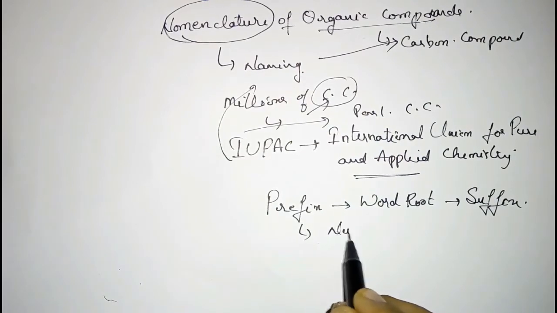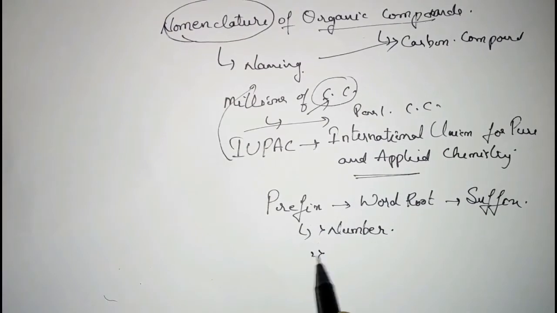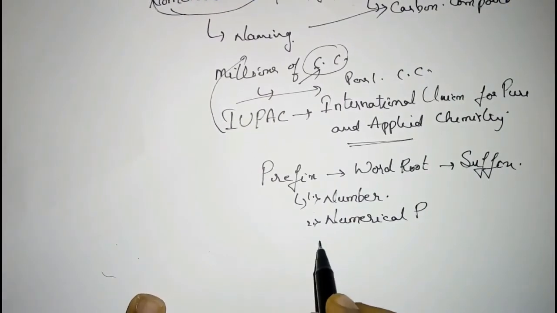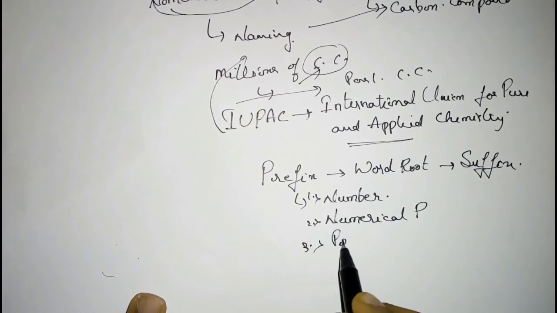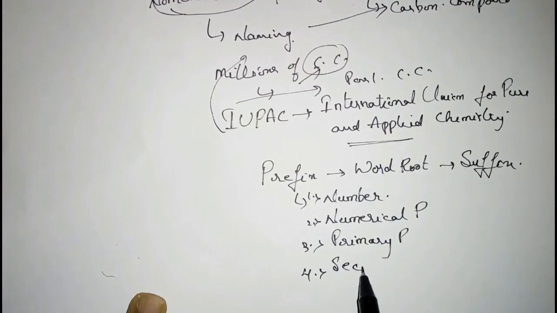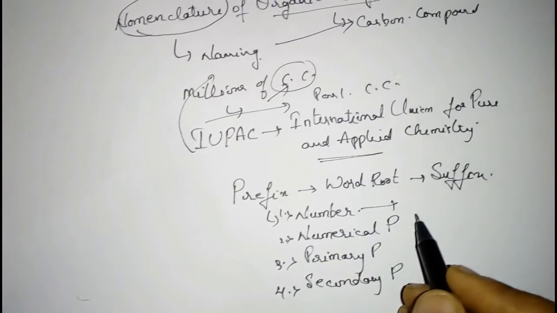The prefix is again subcategorized into four parts. First one is the number, second is the numerical prefix, third is the primary prefix, and fourth is the secondary prefix. What does this number say?